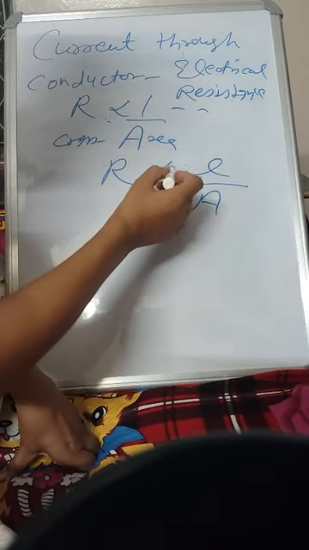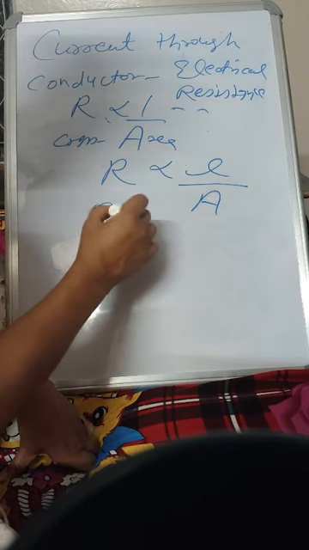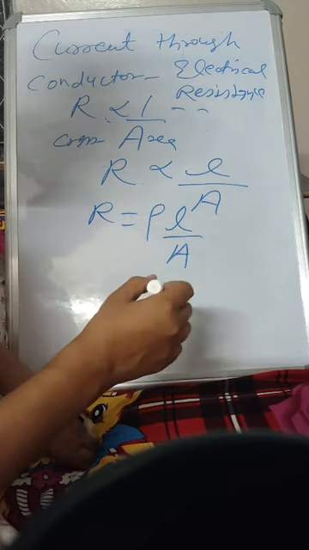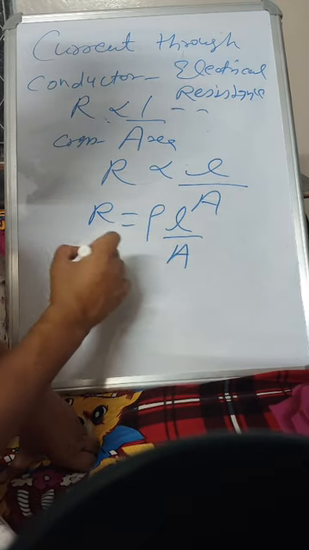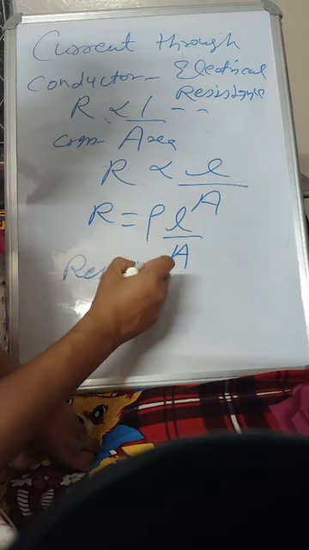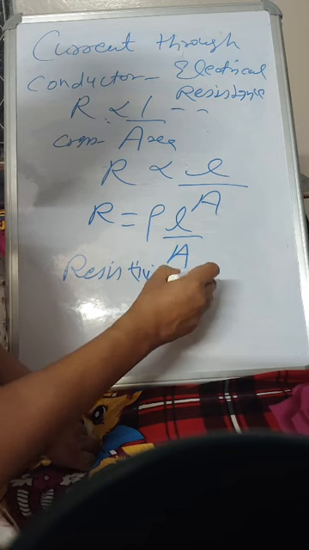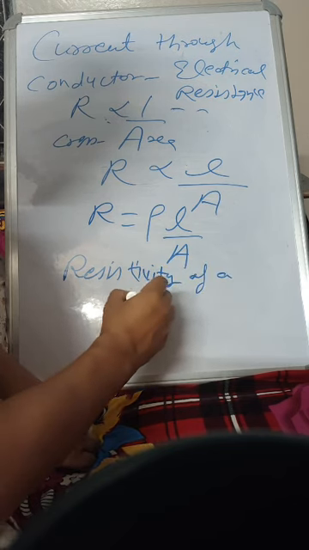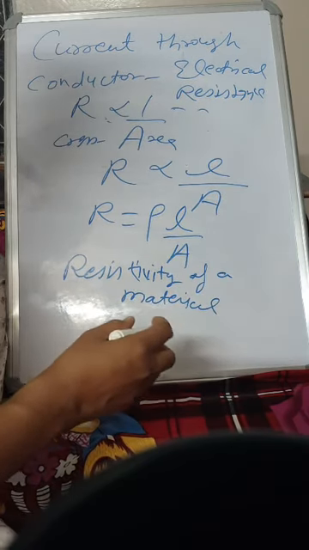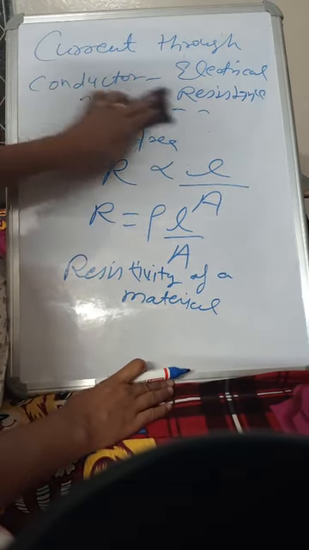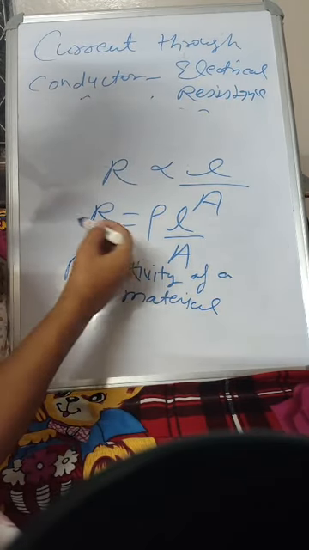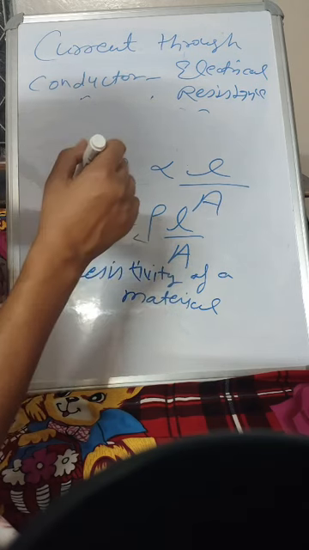If we remove this proportionality, we can write R equals rho L divided by A, where A is the area. This rho is the resistivity of a material. If we have higher resistance, then resistivity is also higher.